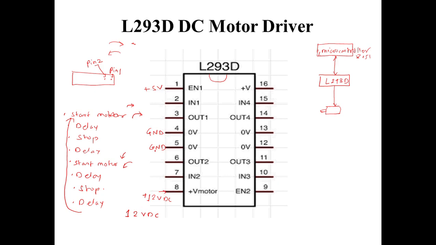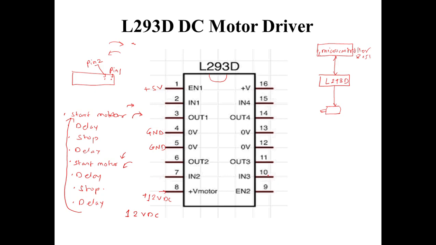As I showed over here, I'll just repeat the things again. At pin number 1 I'm going to give a plus 5 volt, then 2 will be the input, 3 will be the output, 4 and 5 will be the ground pins, then 7 will be the input, 6 will be the output, and then 8 will be the 12 volt supply, which is the supply the motor requires.